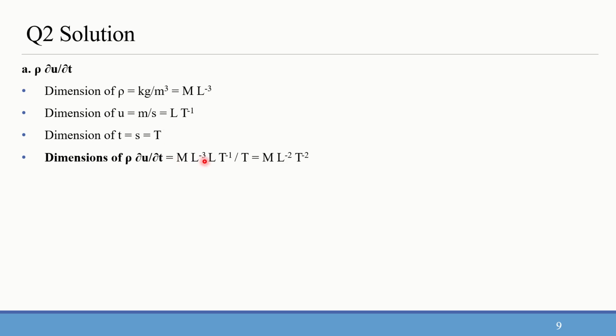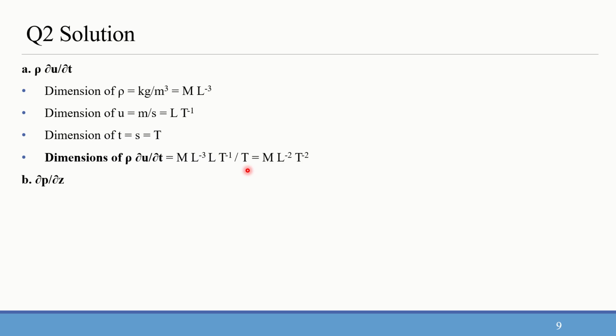So M L minus 3 times L T minus 1 by T. L minus 3 plus 1 is minus 2, M remains the same, and T is minus 1 minus 1, so it becomes minus 2. So the dimension is M L minus 2 T minus 2, or kg meter minus 2 second minus 2.